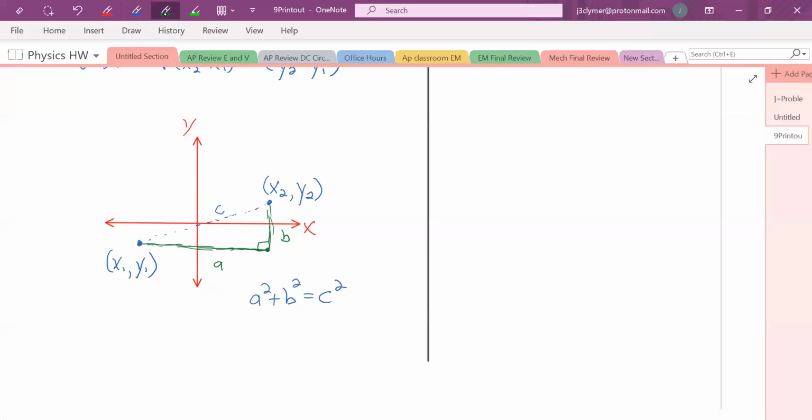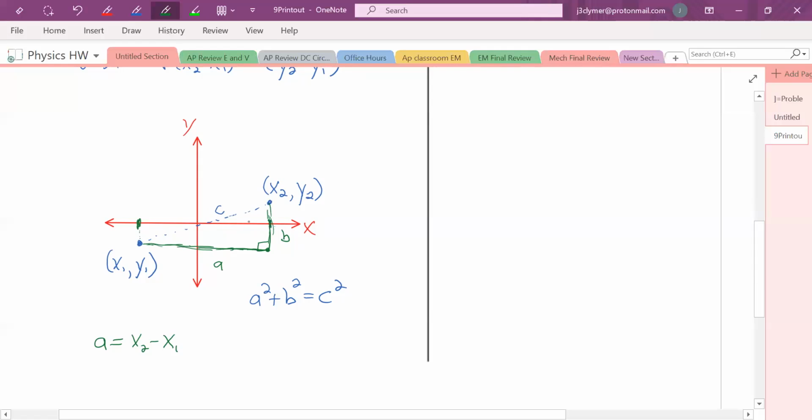So now the question is, what is A? A has a certain length to it. That length goes from x1 over here to x2. So it's the difference between x2 and x1. That's the length of A. So I could write A as x2 minus x1. Whatever the x value is of this point here, it's going to cross the x-axis somewhere, and whatever the x2 value is here, it's going to cross the x-axis somewhere.